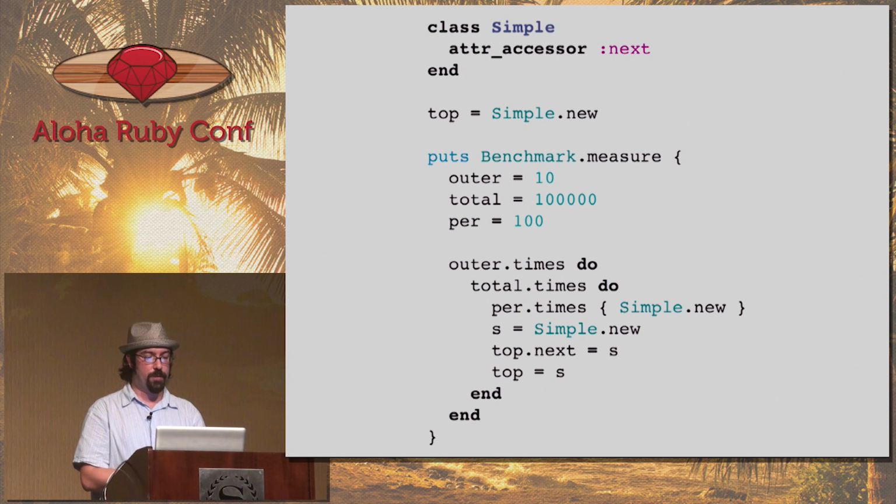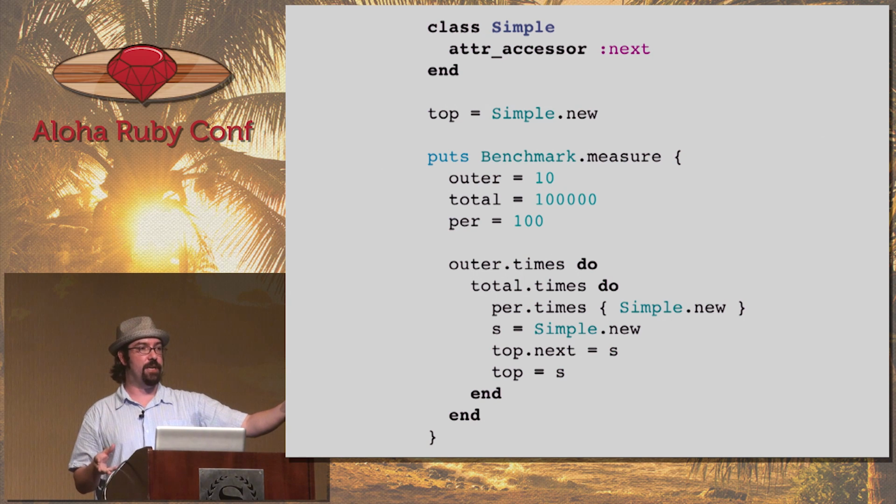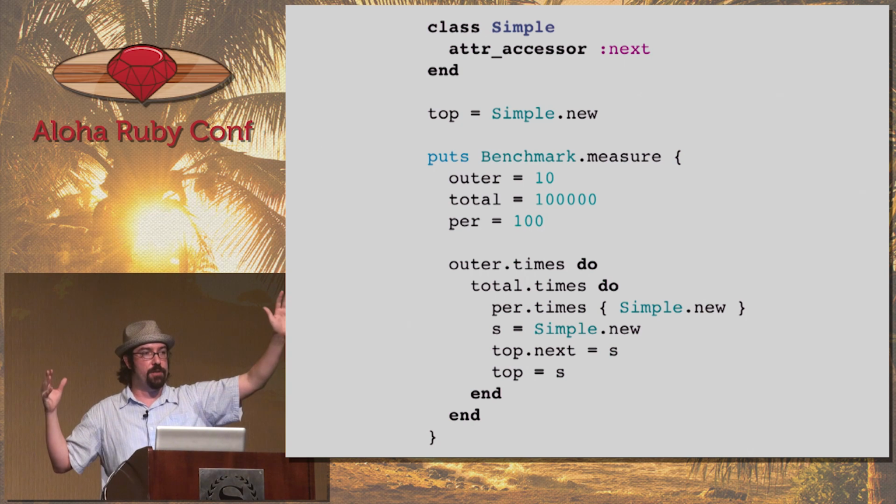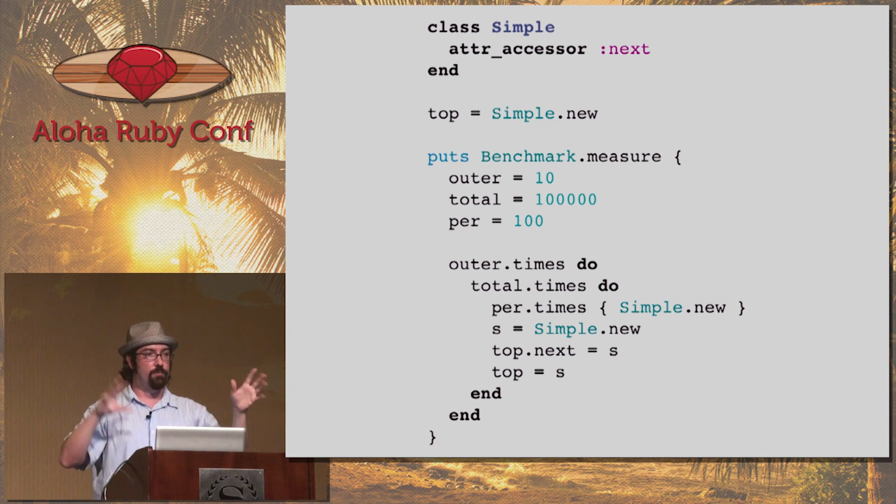The innermost loop basically just spins off and creates 100 of these simple objects. So those are the young objects that are getting collected very frequently. The next loop out creates a longer and longer chain of objects, a linked list. That grows in memory, gets old and gets promoted to the old garbage collection generation, and then gets collected at some point. So both garbage collectors are being exercised here.